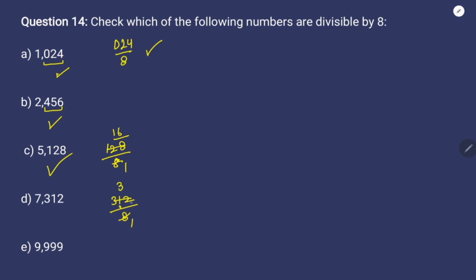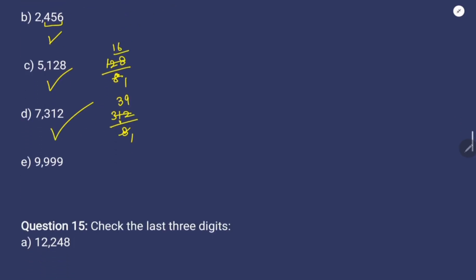Then you have 72 left. 8 nines are 72. So yes, right? And 999, you will check 999 here. Then 8 ones are 8, 8 twos are 16, 8 fours are 32. Then a remainder is left. So it is not completely divisible. So you will say no, and we are done.